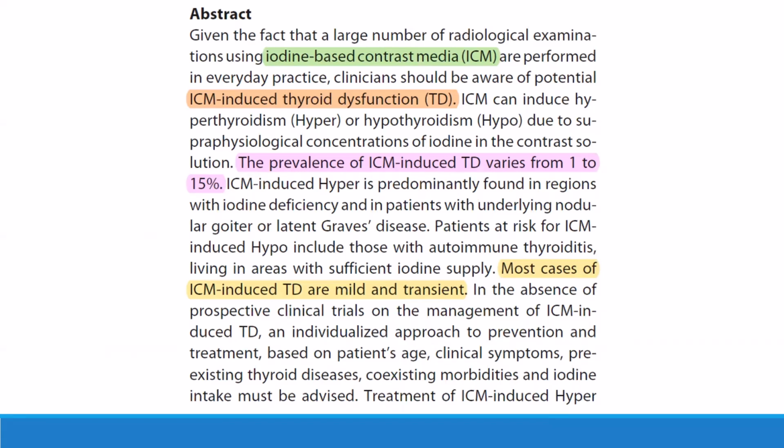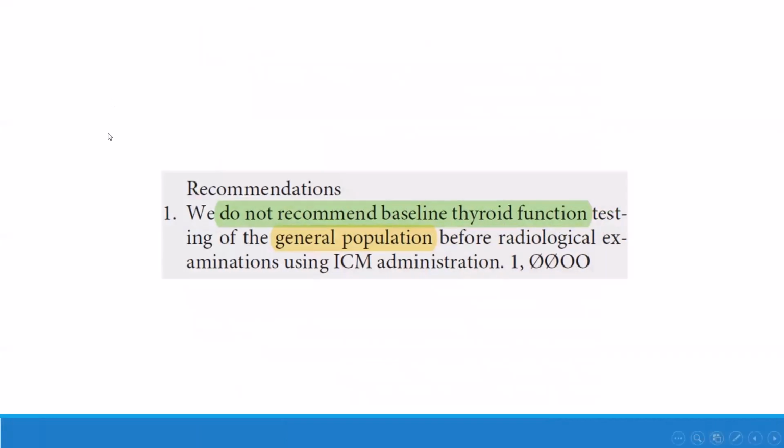Most cases of iodine-based contrast media induced thyroid dysfunction are mild and transient. So it is very important to pick up the people at high risk. Guidelines don't recommend a routine baseline thyroid function test before receiving contrast media in the general population.